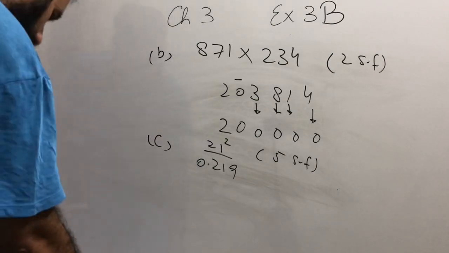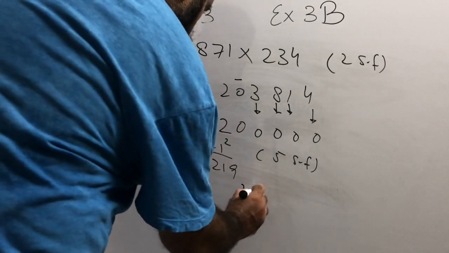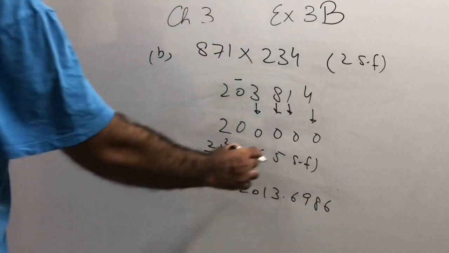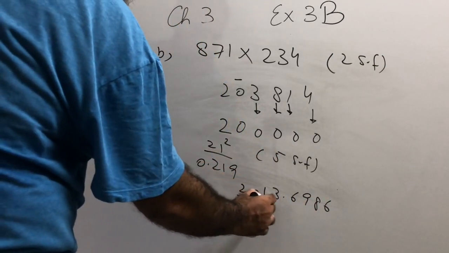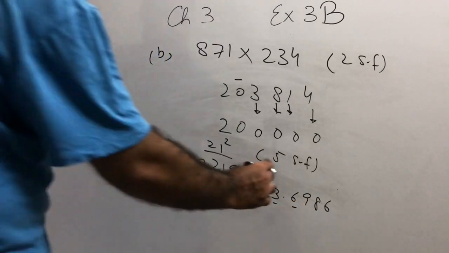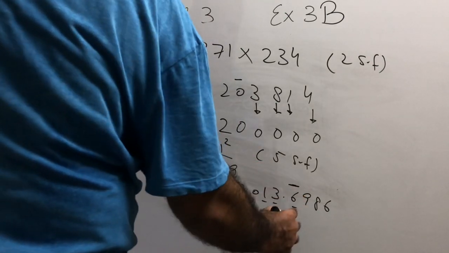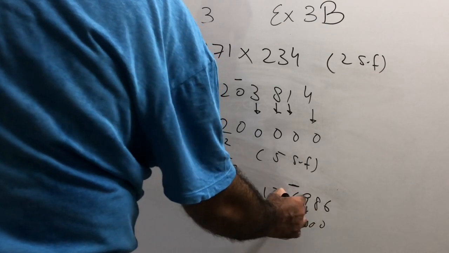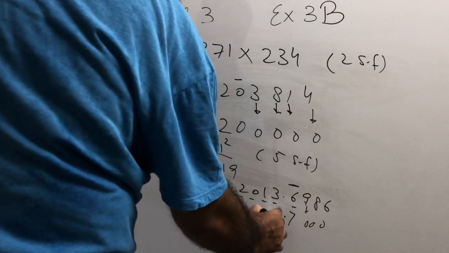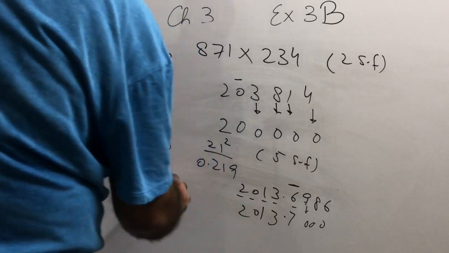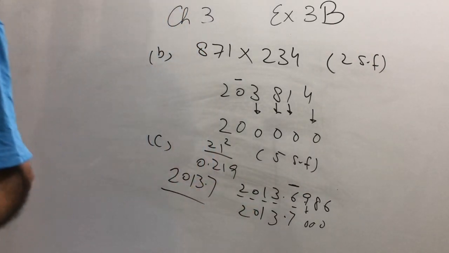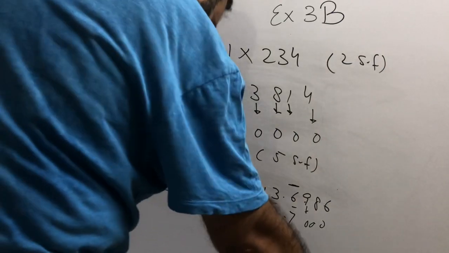It becomes 2013.6986. We need 5 significant figures, 1 2 3 4 5. Okay, up till here. We'll round off, it becomes 0 0 0. Greater than 5, add 1 here, 7 3 1 0. It is 2013.7. 1 2 3 4 5. It has 5 significant figures.